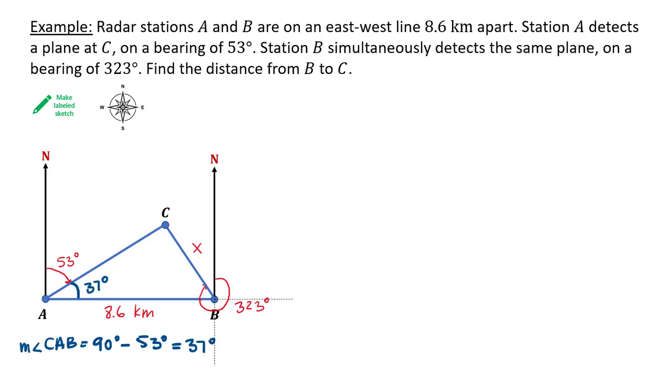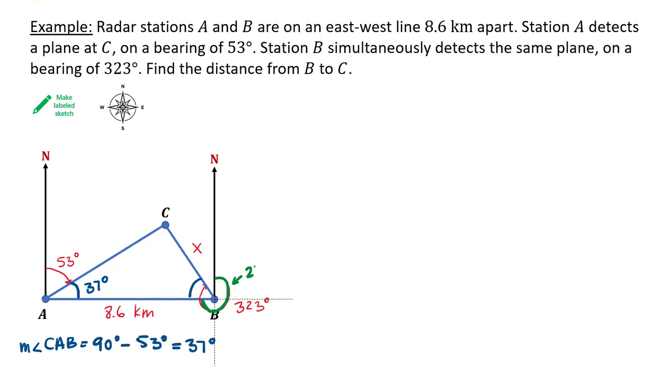Now, can I find angle CBA, this angle here? Well, we know that this full rotation was 323 degrees, and if we subtract just this portion, we will be left with angle CBA. But what is that green portion? That green portion is 3 quadrants, right?